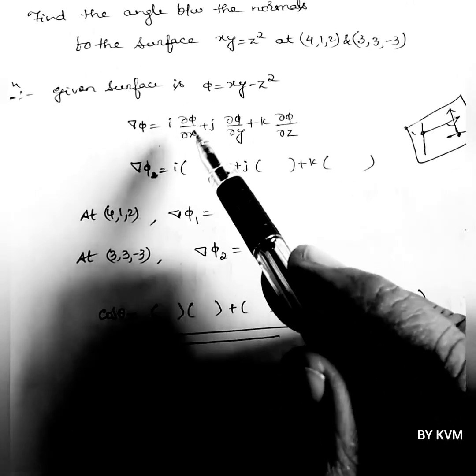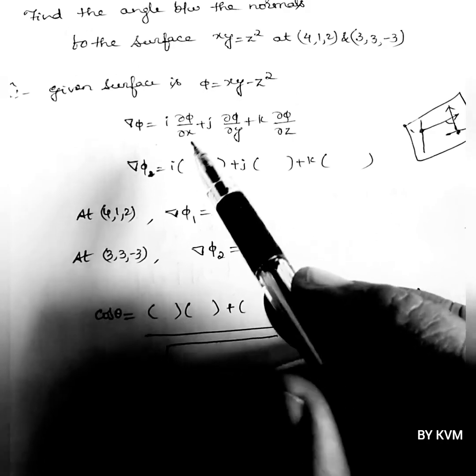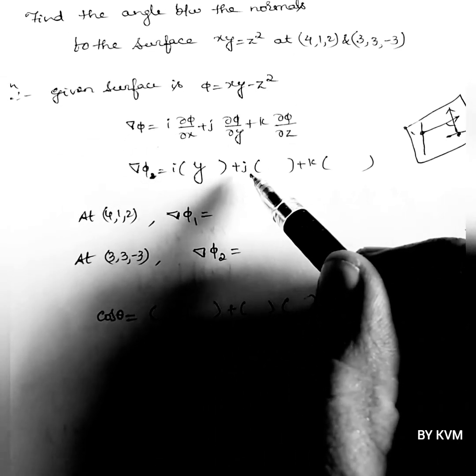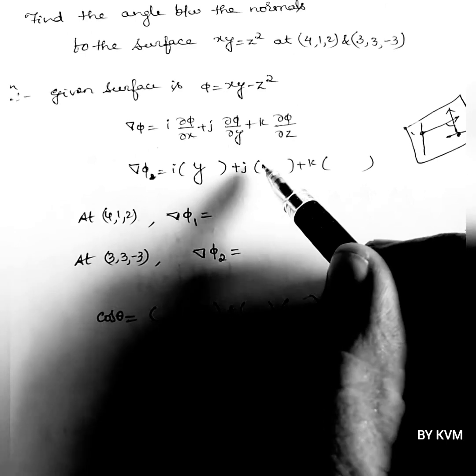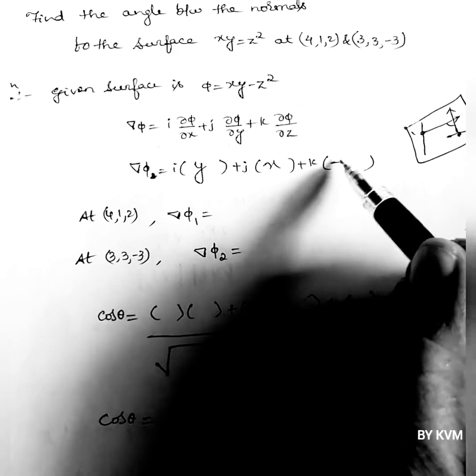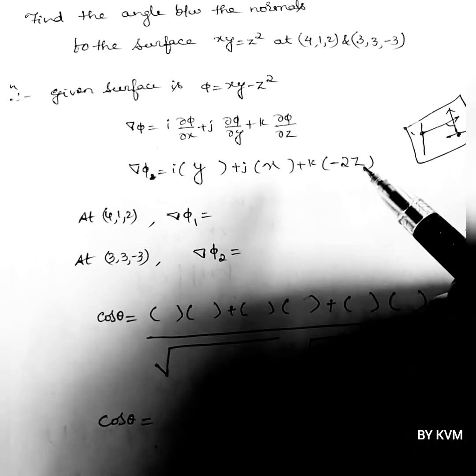So i into del phi by del x is y, plus j into del phi by del y is x, plus k into del phi by del z, minus 2z.